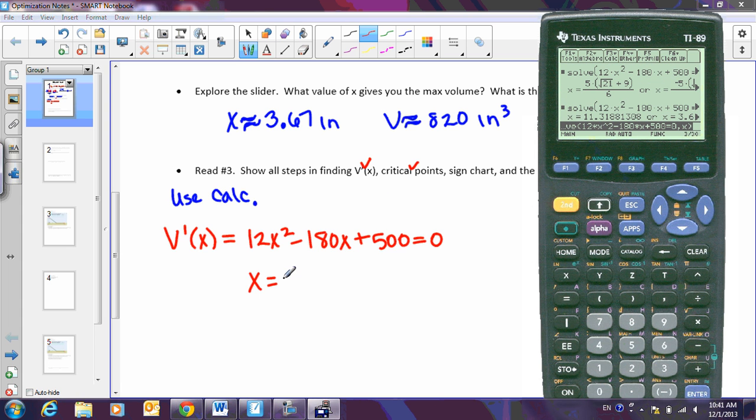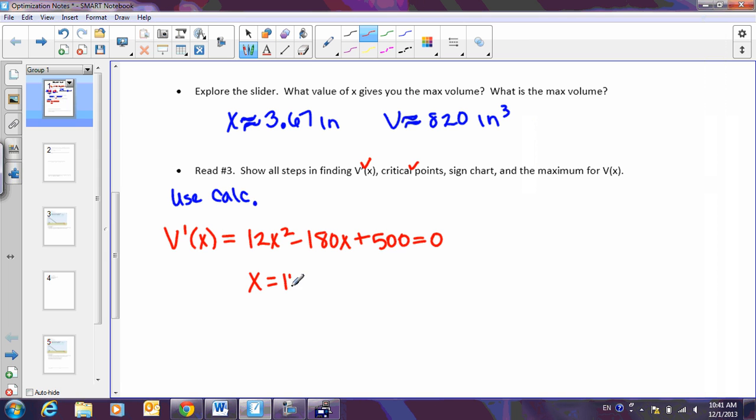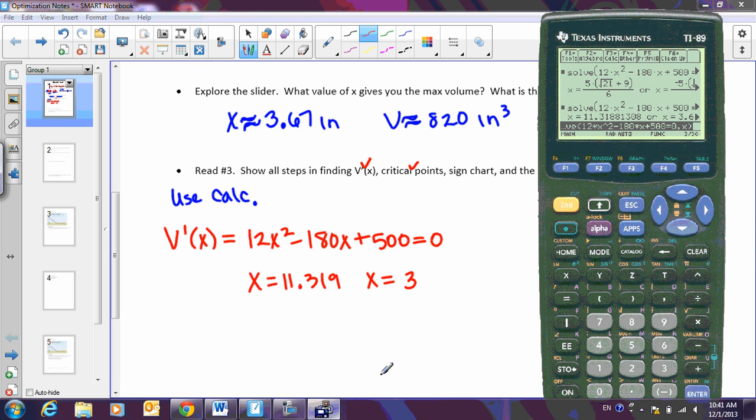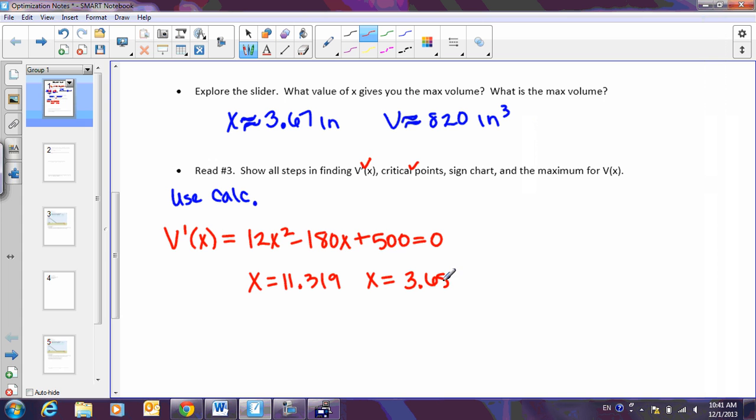Okay, so x equals 11.319, and we also get x equals 3.681, because we want to be accurate to 3 decimal places. And so we notice that one of these is really close to what we had right here, okay?